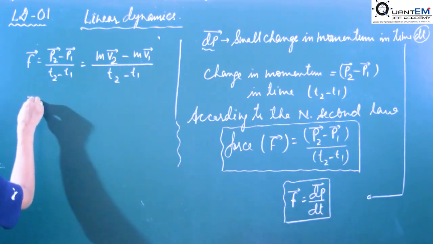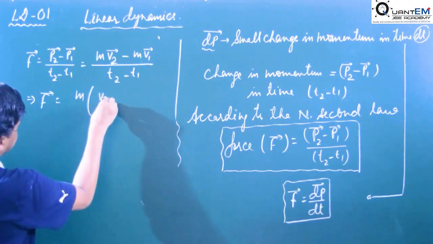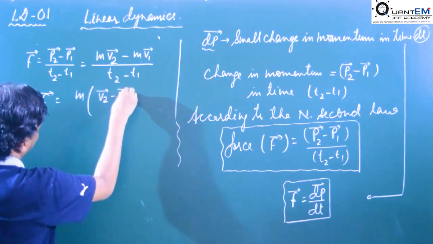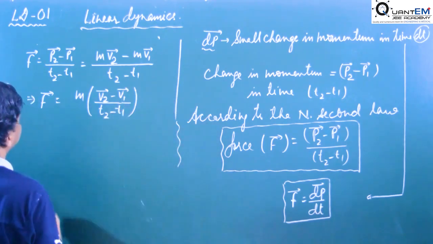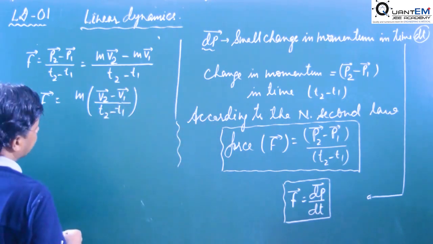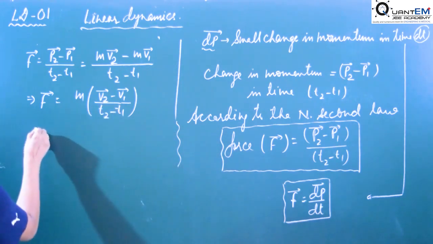It may also be written as F is equal to m into (v2 minus v1) by (t2 minus t1), and change in velocity by change in time, that is the rate of change in velocity, is also called acceleration.